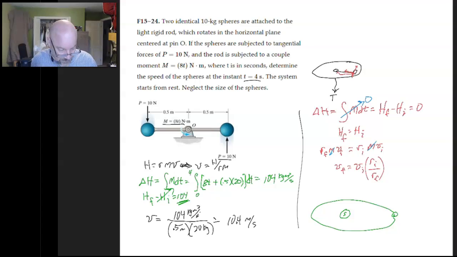As the Earth moves around the sun, 6 months later it's over here. The Earth moves more slowly over here and more quickly over here on this side, as it gets closer to the sun.